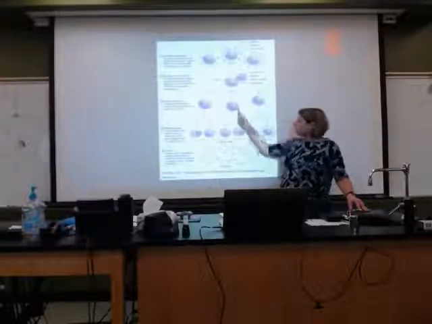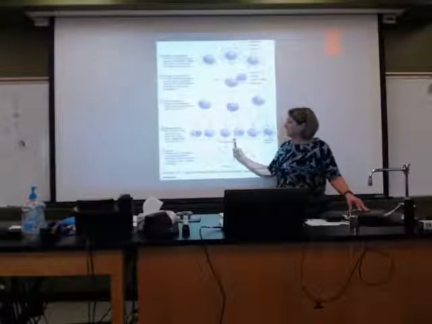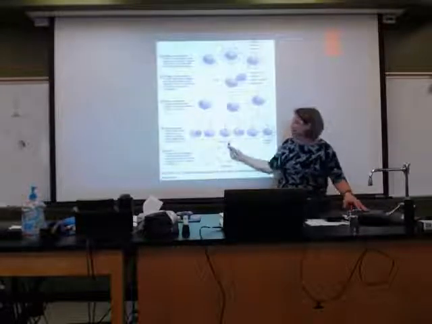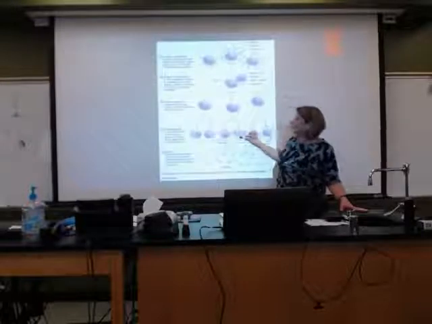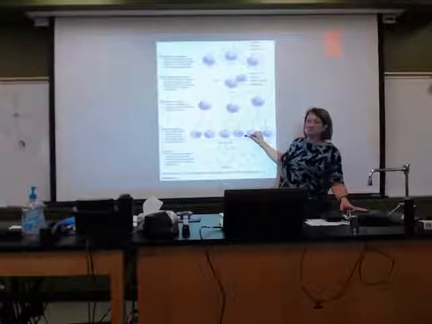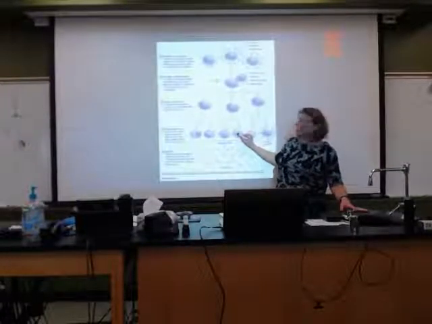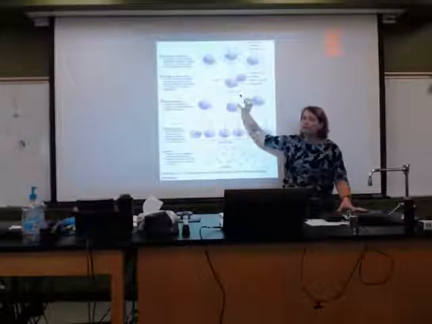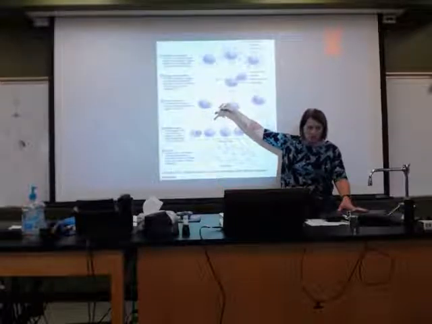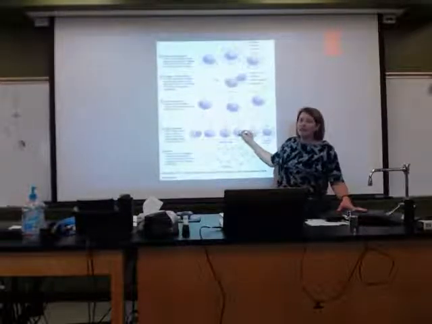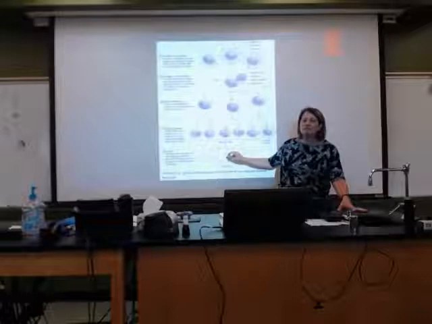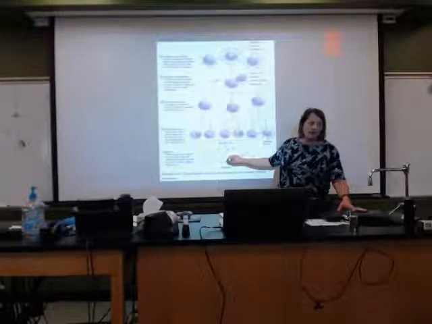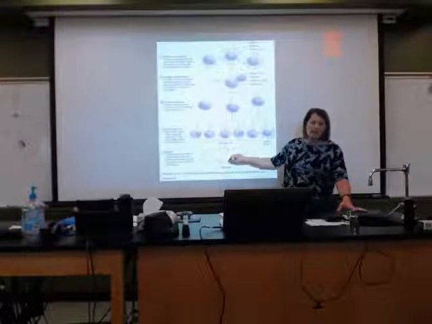Now, the differentiation, the cloning of the B cells, the one thing that's going to happen, they turn into what's called plasma cells, because their job, rather than be the cell that attacks the antigen, is to be the cell that produces the receptor, the antibody that'll kick it out.